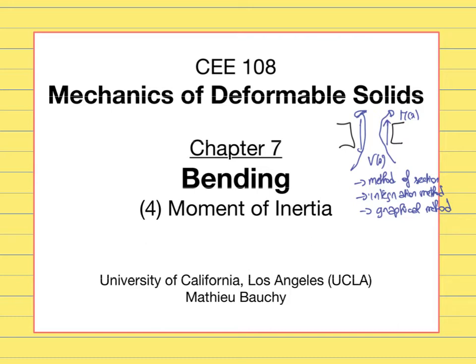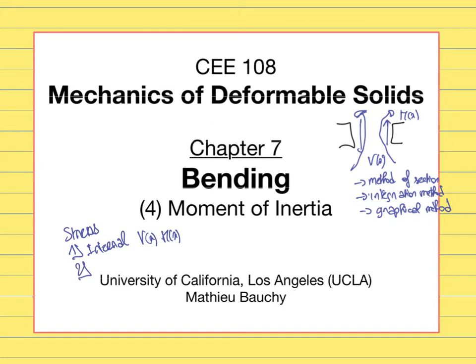For this, there are two things that matter. When you want to calculate the stress within a beam that is subjected to bending, two things are going to be important. The first is the internal shear and the internal moment, so the internal loads acting within the beam will be important in determining the value of the stress.